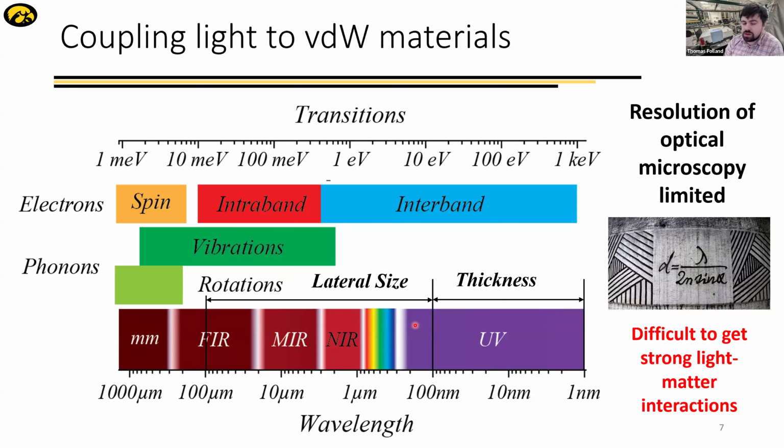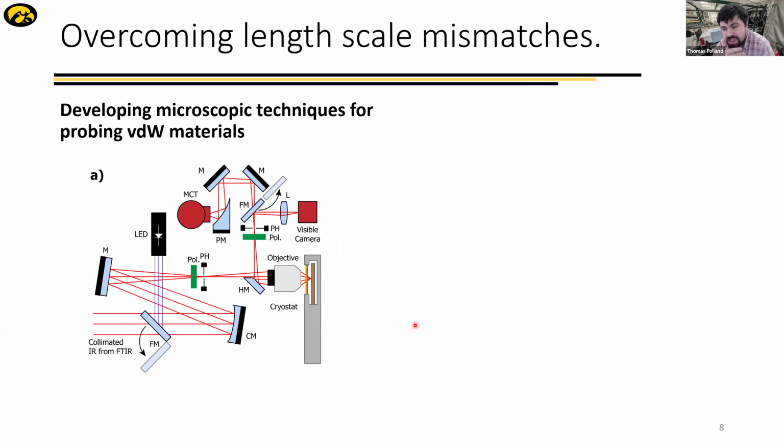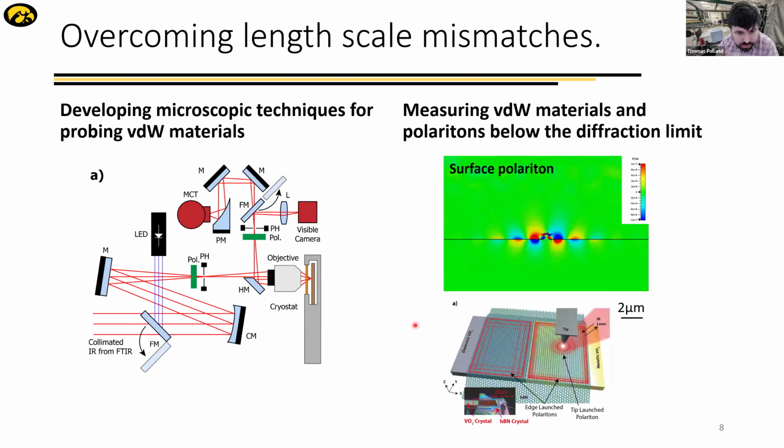So how do I study them? In my group, we do two things. So first of all, we actually develop microscopy techniques in order to look at van der Waals crystals using infrared light, whether this is diffraction limited or non-diffraction limited.